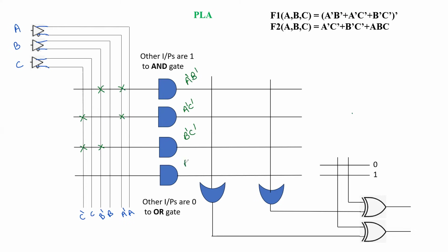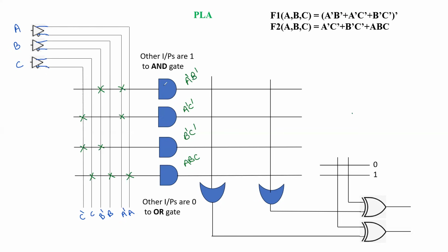And the fourth product term is ABC. So at A we have a cross, at B a cross, and at C a cross. You should keep in mind that whatever literals are given, on the corresponding logic array line we have to put the cross. Without a cross, it shows that the fuse is blown.